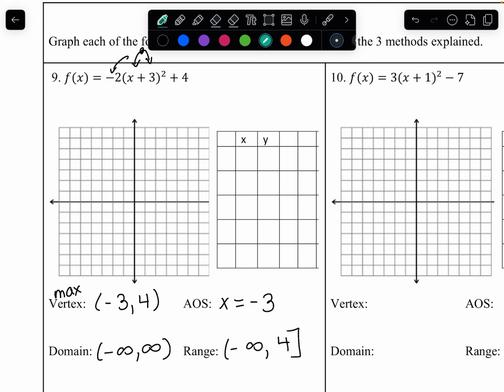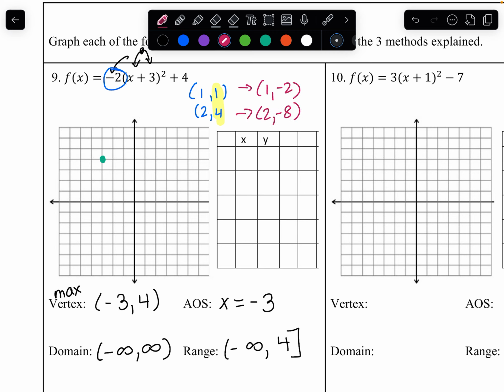Okay, so let's graph that point. Negative 3, comma 4. Then I'm going to take my a values and multiply by negative 2. So 1, 1, 2, 4. Multiplying just those a values will give us 1, negative 2, 2, negative 8.